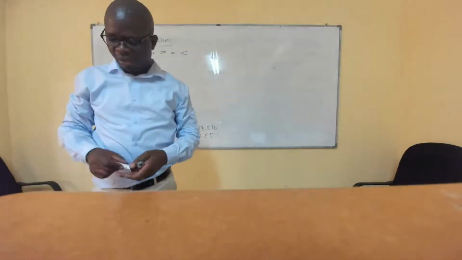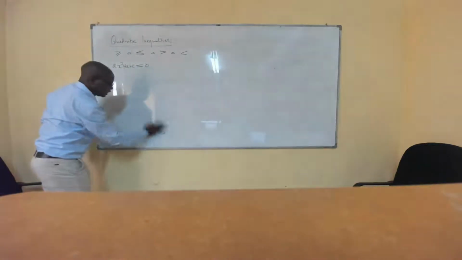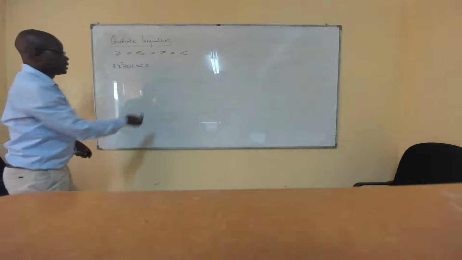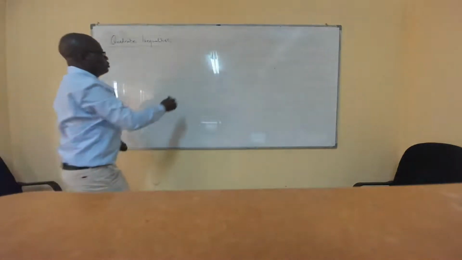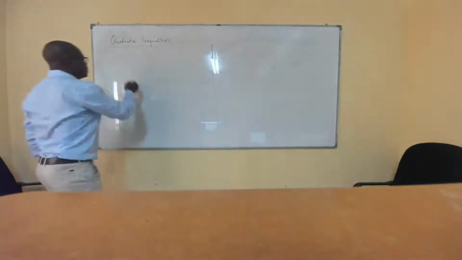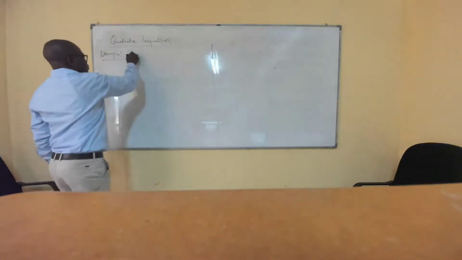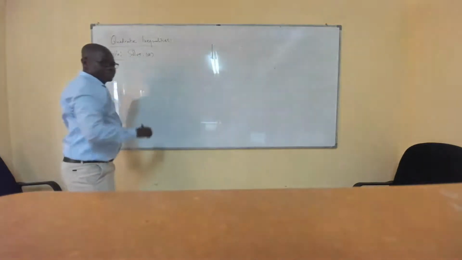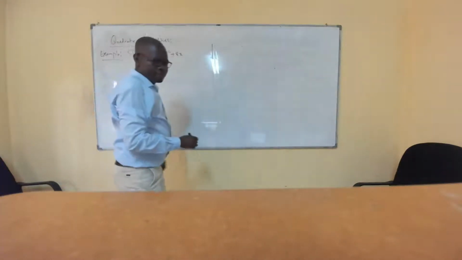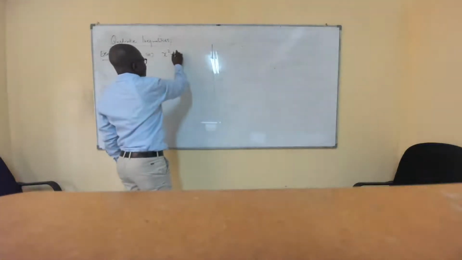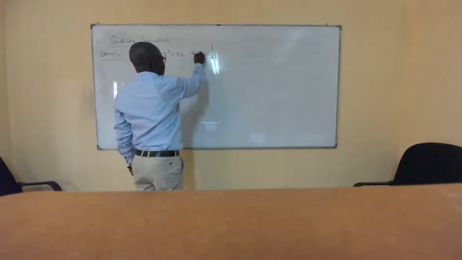So how do we handle such problems? We explain what is done using an example. Examples will make it clear. Solve: A, x squared plus 3x minus 18 is greater or equal to 0.